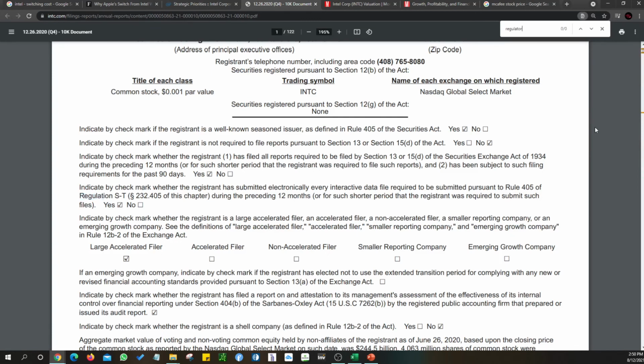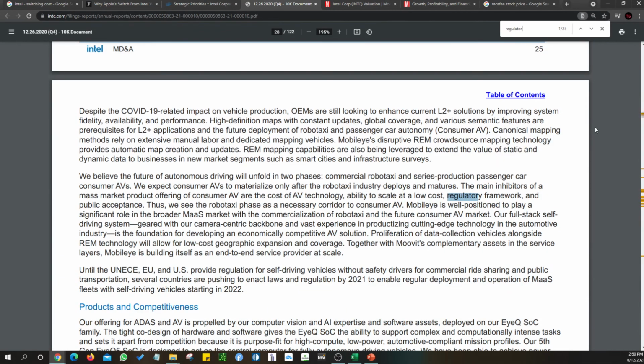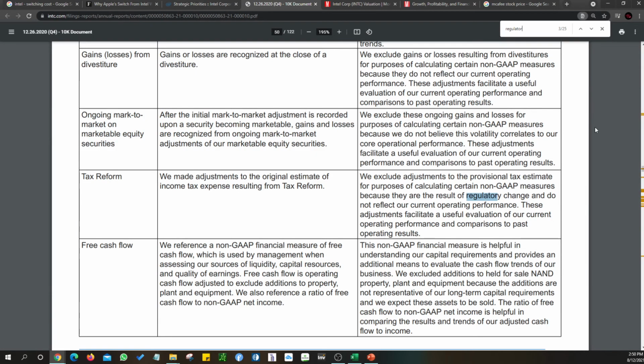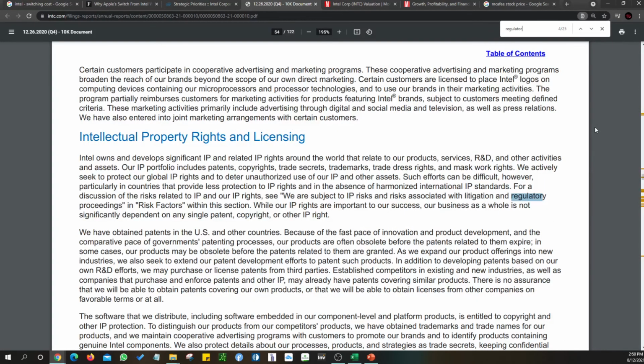So regulatory, they have a regulatory framework and a body that looks into regulation. Okay, so high regulatory risk, but it is managed.